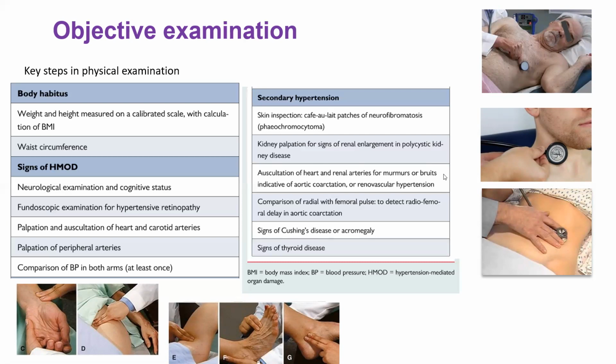Each patient with increased blood pressure should be suspected of secondary hypertension, and the aim of objective examination is to rule out secondary hypertension.